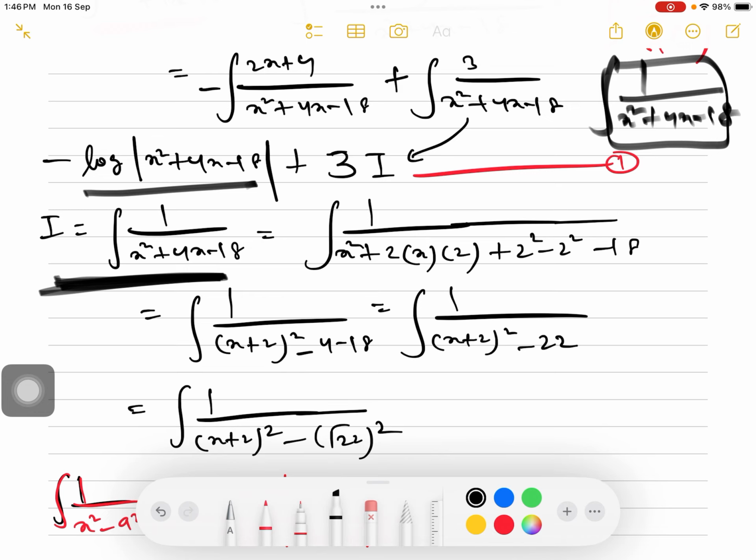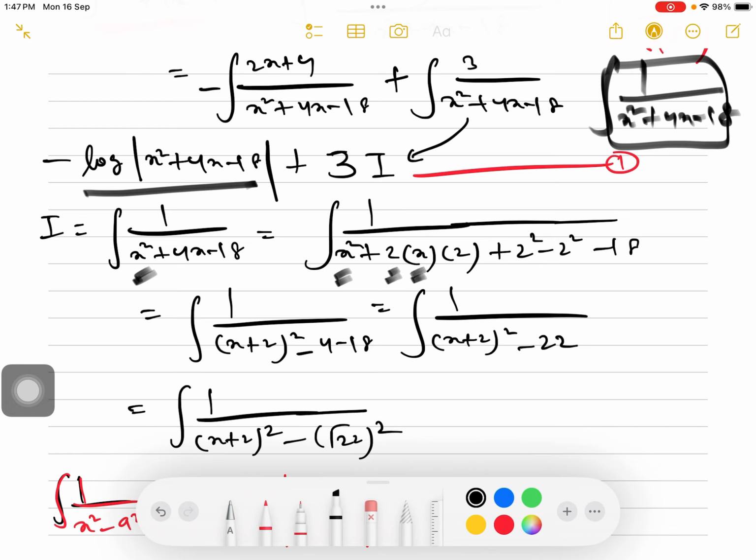Now first I will solve this integration. When in the denominator we have only a quadratic, we can use the completing the square method. When in the numerator we have only a constant and in the denominator a quadratic, we can use completing the square. So for that, this x square I wrote like that only. So x square plus, for completing the square, x square plus 2ab should be there.